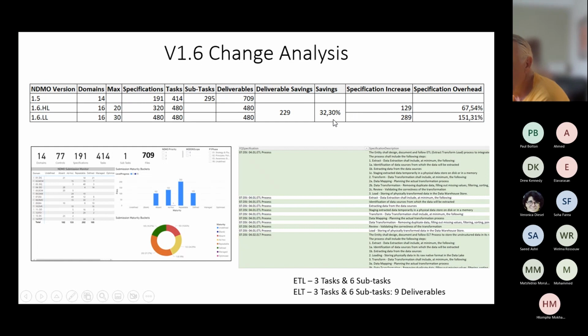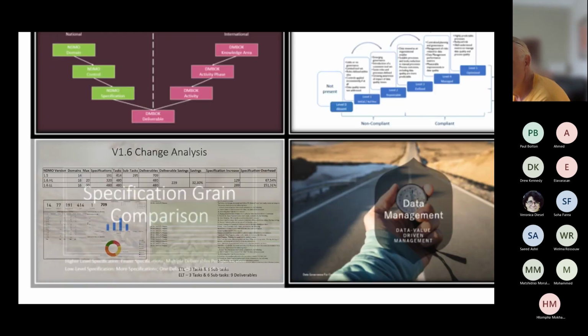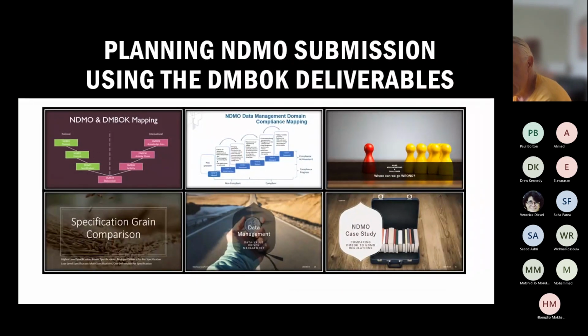I would increase by 32%, or in some cases 151%, but I'd have a deliverable saving of 32%. These are the different debates that I've got, and I probably want to stop there because we've gone over. Maybe it's just to take some comments and get some feedback from you on what I've presented.